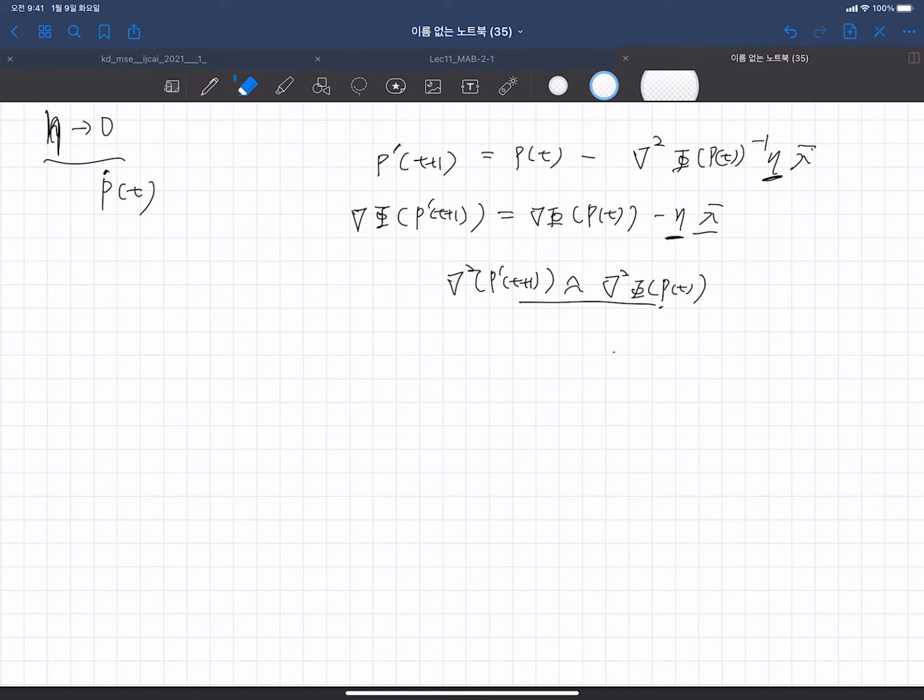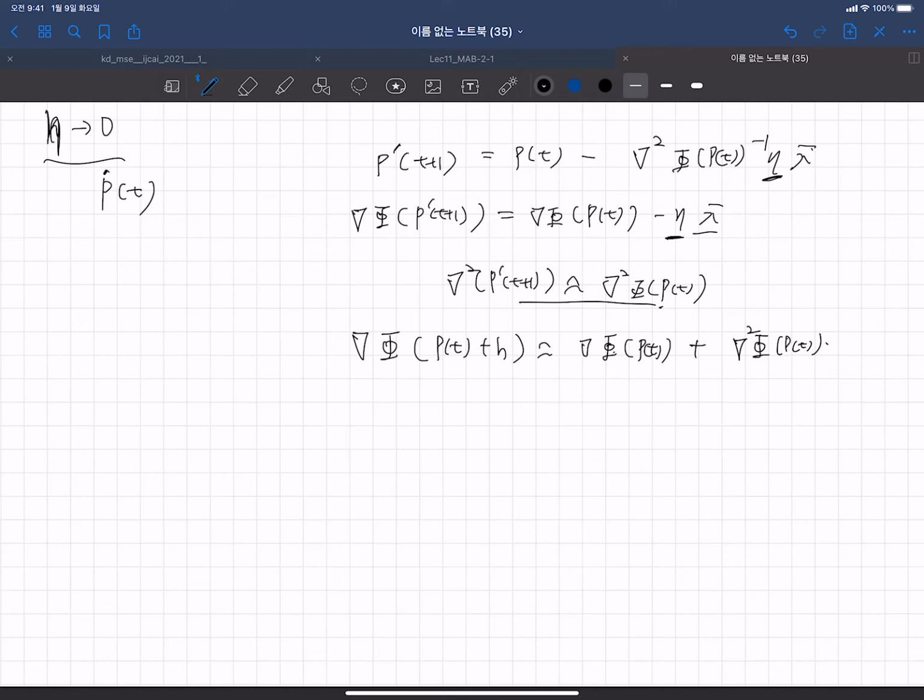So the gradient of Psi at pt plus h is approximately the gradient of Psi at pt plus the Hessian of Psi at pt times h when h is very tiny.